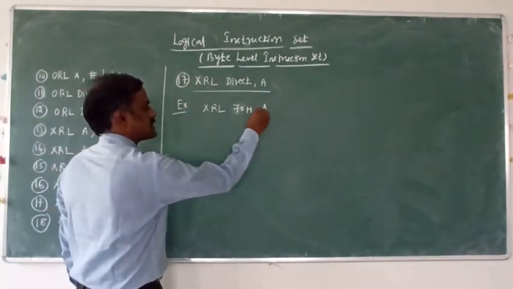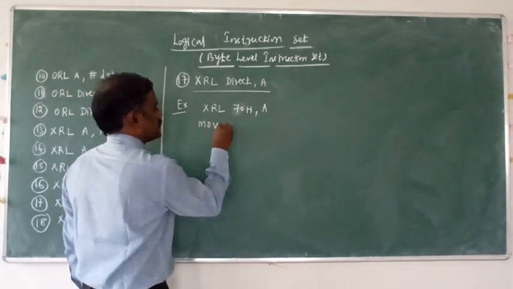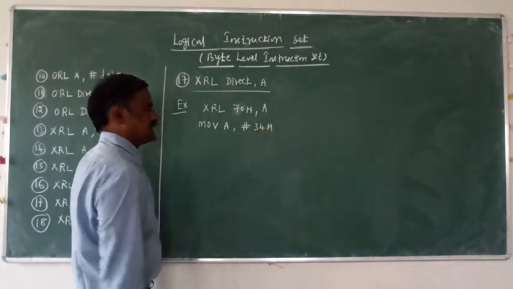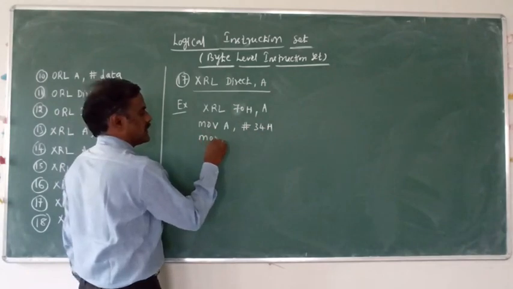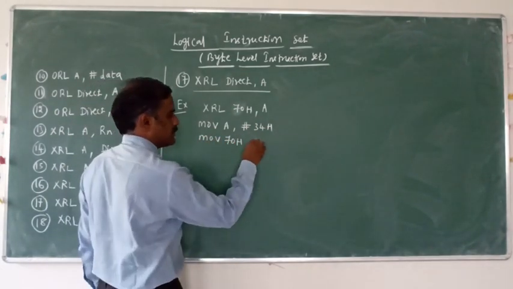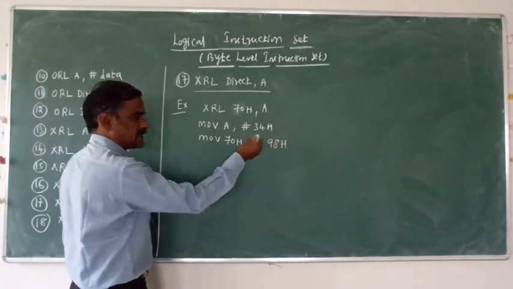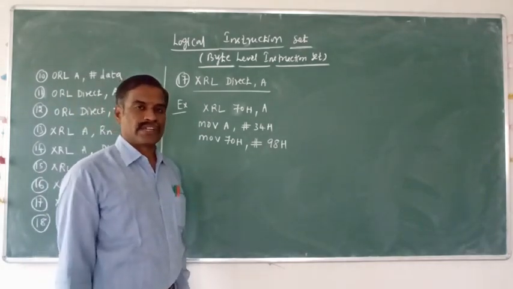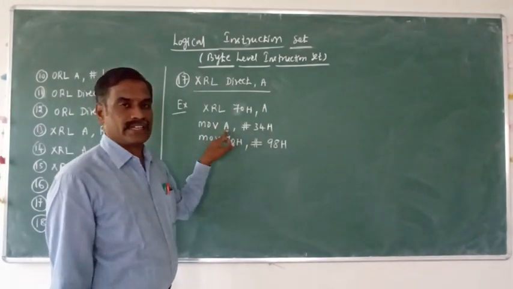First we have to initialize what is the data in the accumulator. MOV A comma 34H, and MOV 70H comma 98H. The 98 data is immediately moved to the given memory address location and the 34H data is immediately moved to the A register.